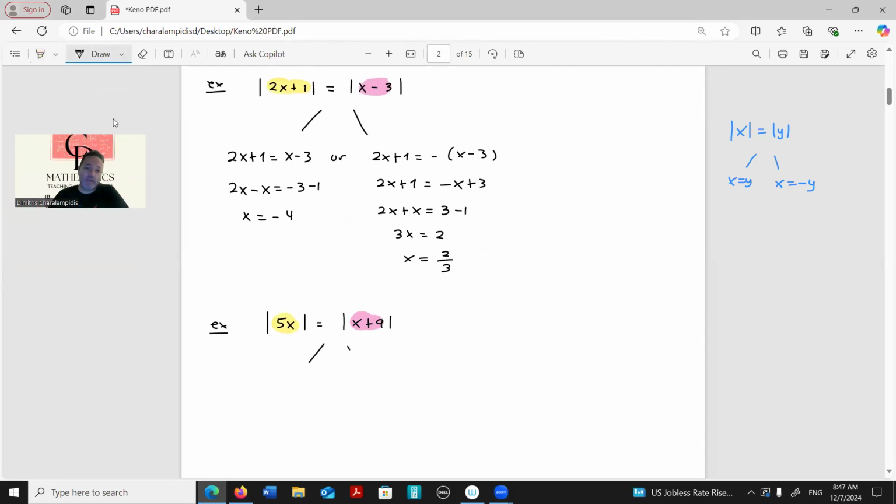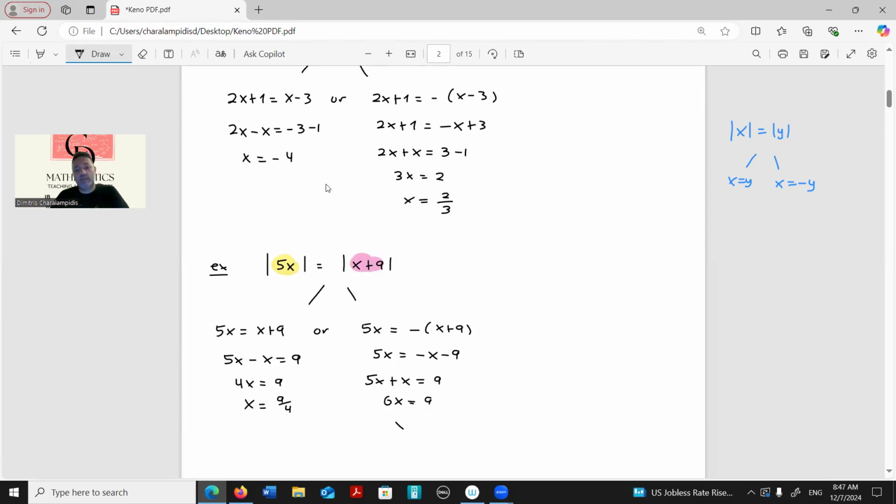So we would get that either 5x equals x plus 9, or 5x equals minus x plus 9. And now we solve each one of these new equations separately. So 4x is 9, which is x equals 9 over 4, or 5x is minus x plus 9, 5x plus x equals 9, 6x equals 9, so x equals 9 over 6, and both are accepted.